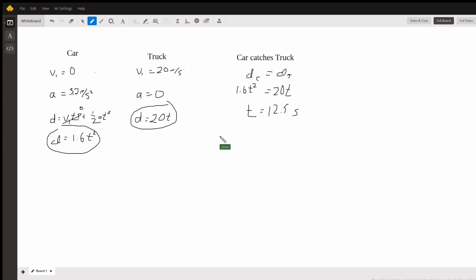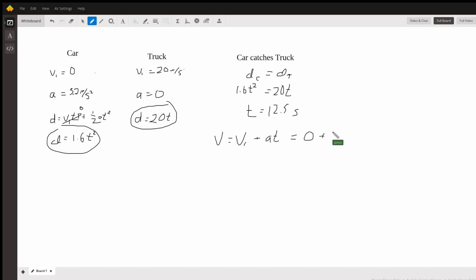Now, that doesn't quite yet answer our question. We need to figure out how fast the car is going when that happens. Well, we have another great equation that says velocity is equal to v initial plus a t, and we have everything we need to complete this equation. The initial speed of the car is 0.